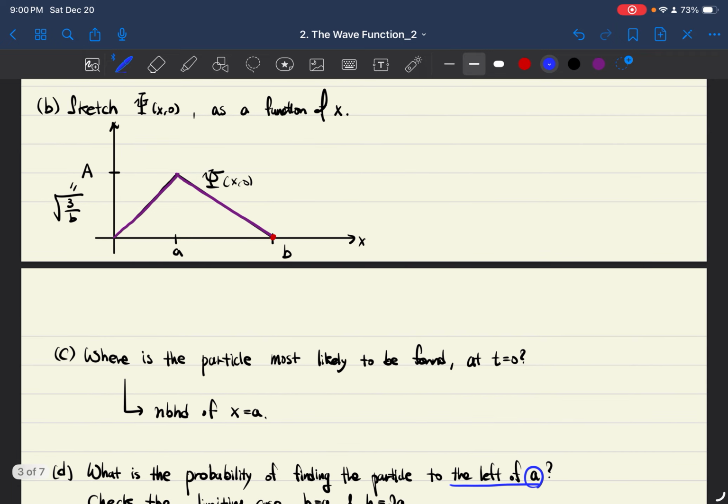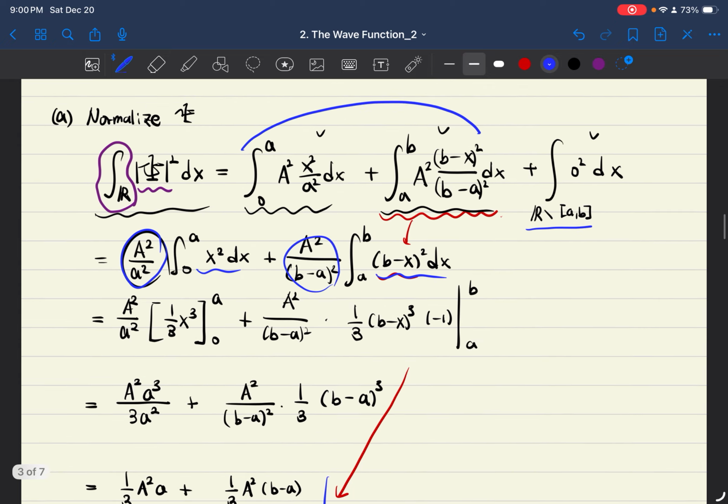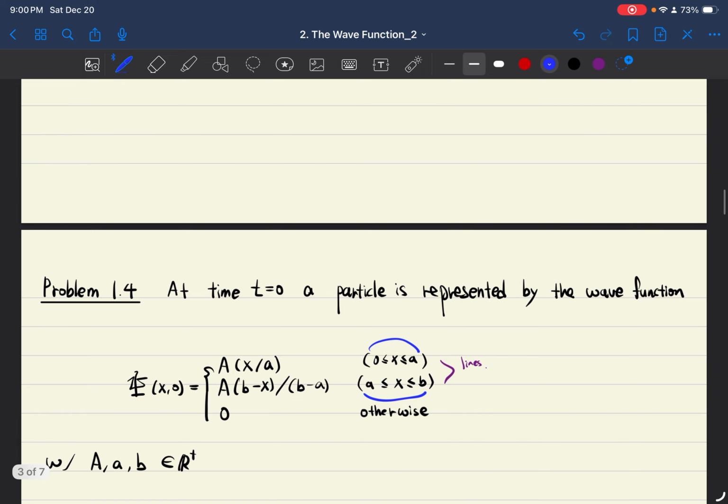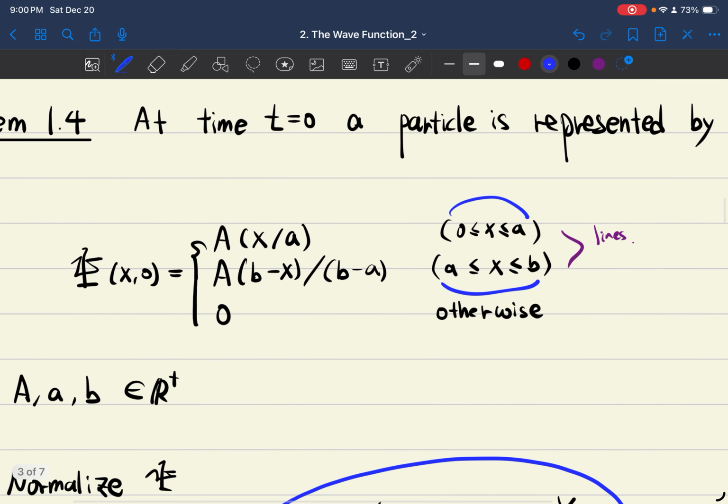Next, we have to sketch the graph of ψ as a function of x. As you can see, the algebraic representation of this ψ here is a positive slope line, and here is a negative slope line.